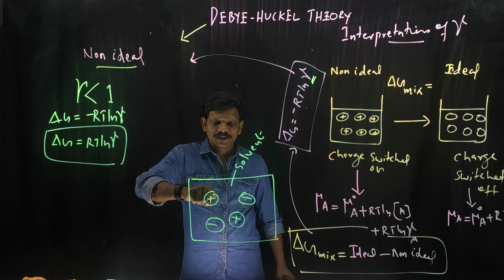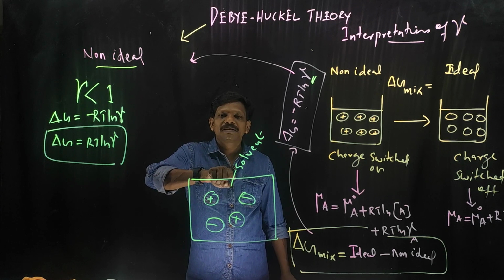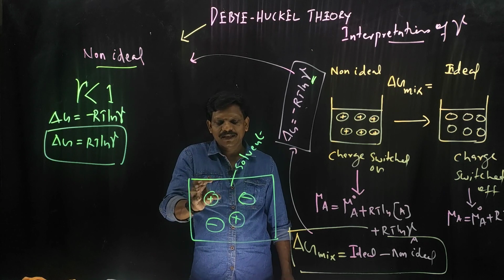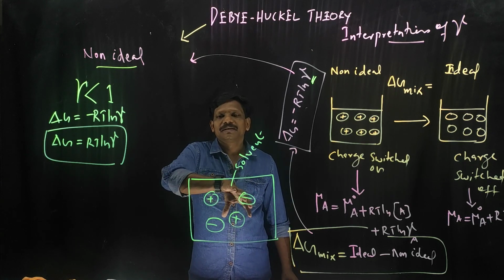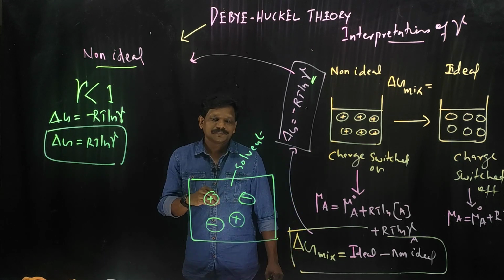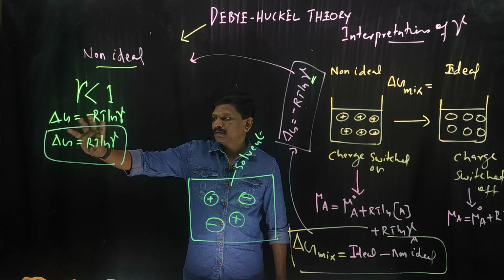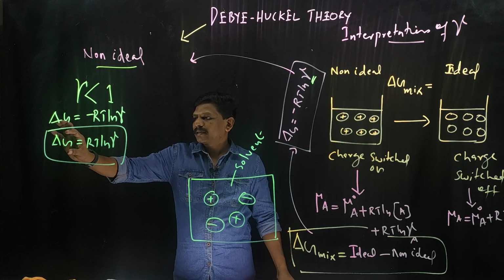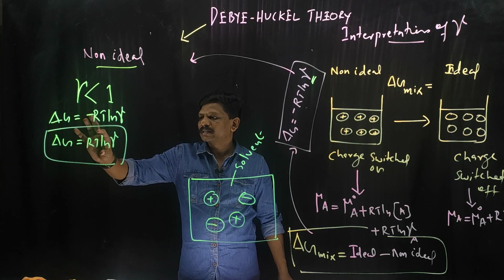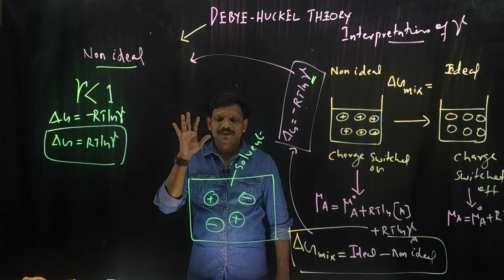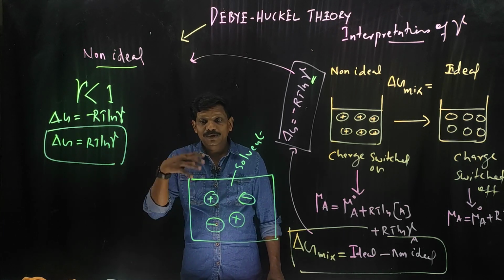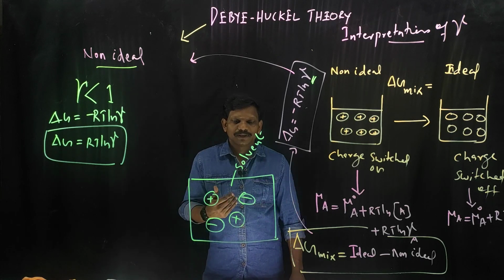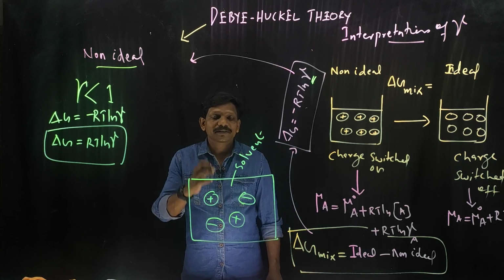Suppose an anion moves, it will first meet solvent molecules, because the solvent molecules are in large number here, and only then will it meet the other type of ions. So when considering this non-ideal electrolyte case, delta G is equal to positive RT ln gamma. That means it is not stabilized, it looks like a destabilized system. But still it is a stabilized system.